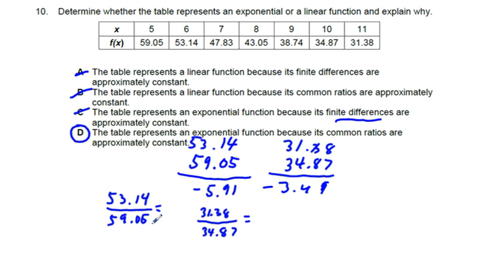Next, we take 31.38 and divide that by 34.87, and for that we get 0.8999. Approximately constant. And so it's going to be that. D is our correct answer choice.